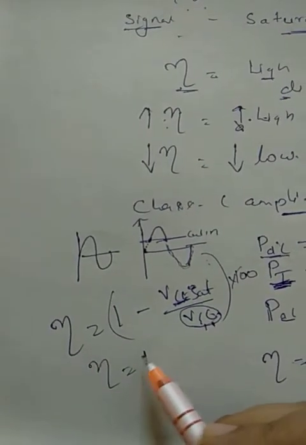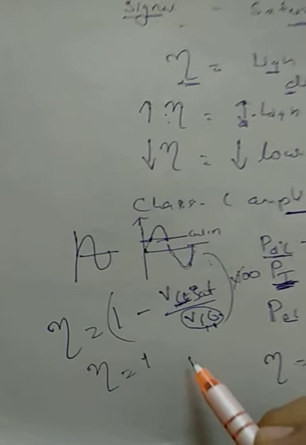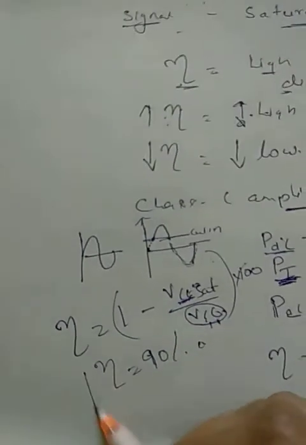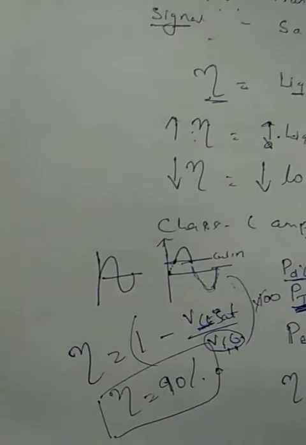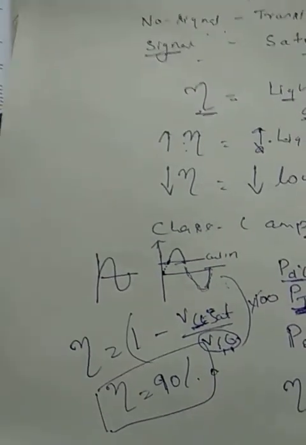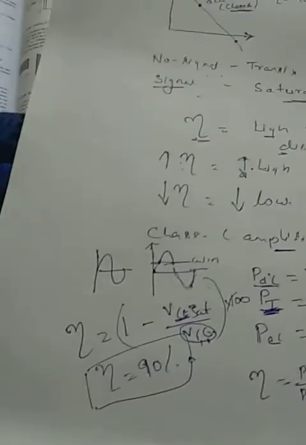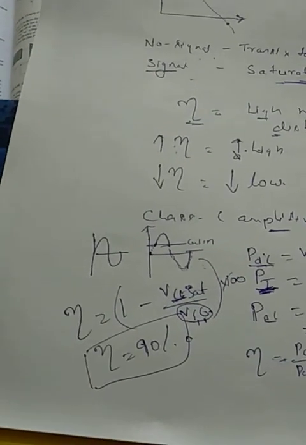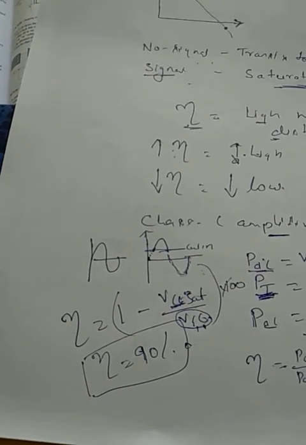If I multiply this by 100, the efficiency is almost equal to 90%. So the efficiency of this class A amplifier is very high, nearly equal to 90%.